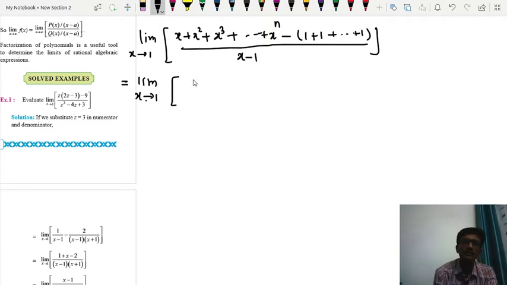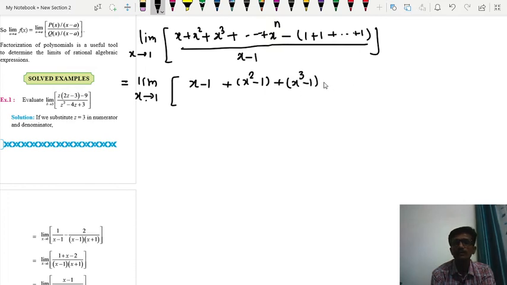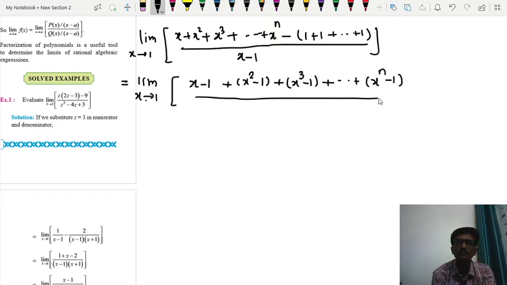We can group it like this: x minus 1 plus x square minus 1 plus again x cube minus 1 plus, up to x raised to power n minus 1, upon x minus 1.